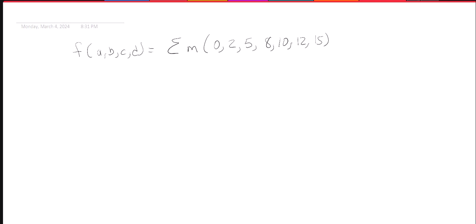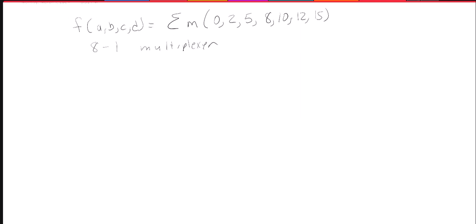First I want to do this with an 8-to-1 multiplexer. Well, after trying various different things, I think the easiest way to do this is with a truth table.